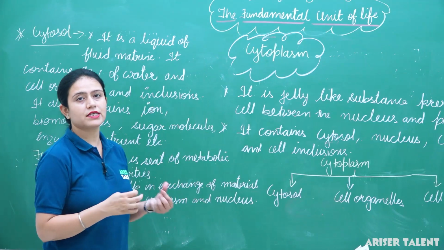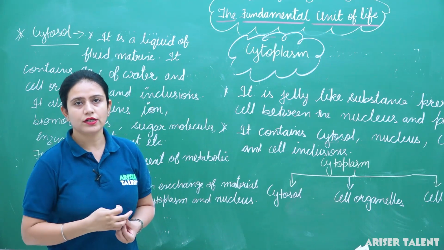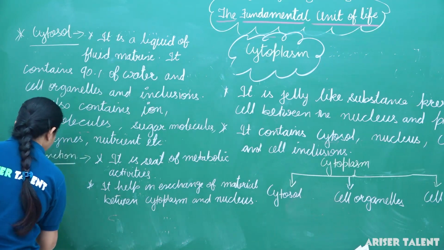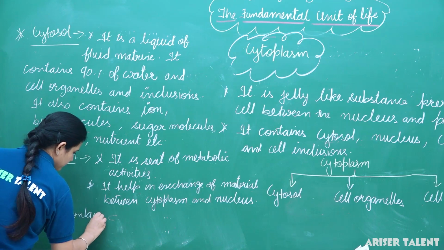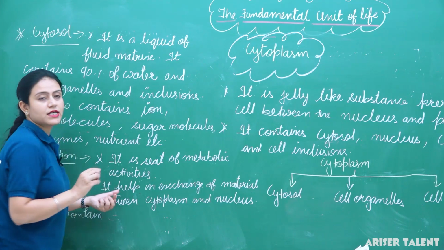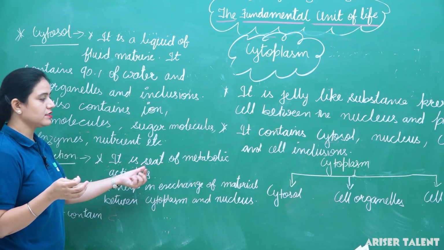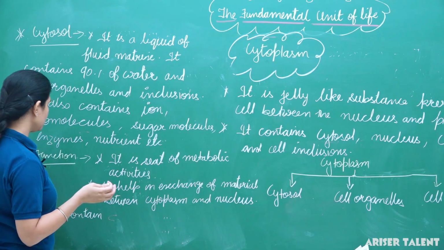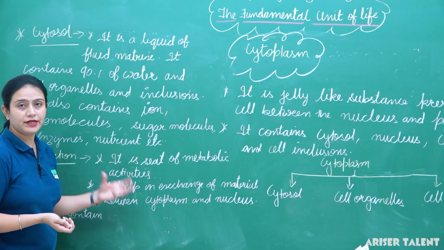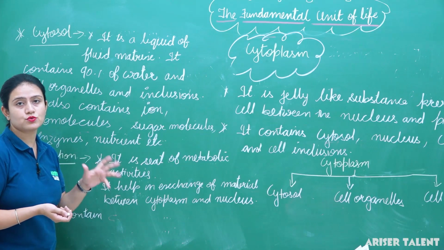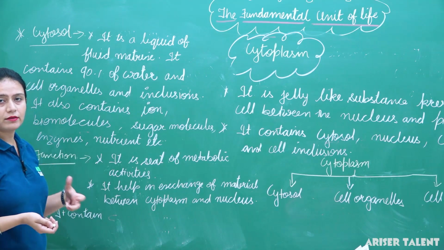Okay, it also helps in the exchange of material between the cell organelles also. It contains different cell organelles. So, we can say it is the seat of metabolic activities. Here we need not mention it, but we can say that it provides required nutrients to the cell organelles for their metabolic activities.